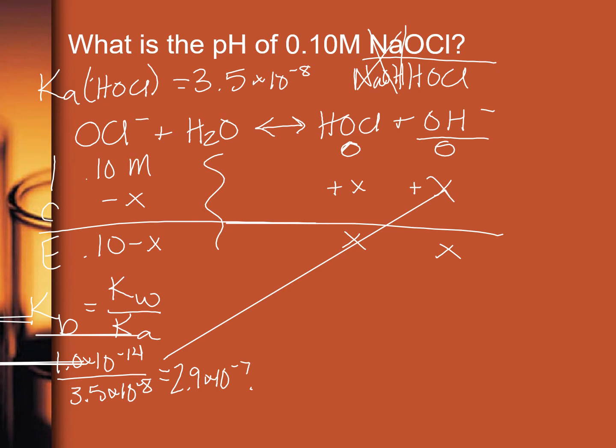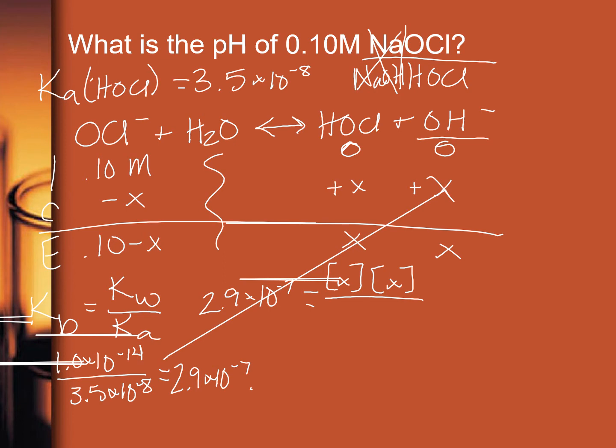So now that we know Kb, we can plug our equilibrium amounts into our Kb equation. Remember, Kb is still going to be equal to our products. So our products were the HOCl, which is going to be X, and the hydroxide, which is going to be X as well, divided by our OCl negative.